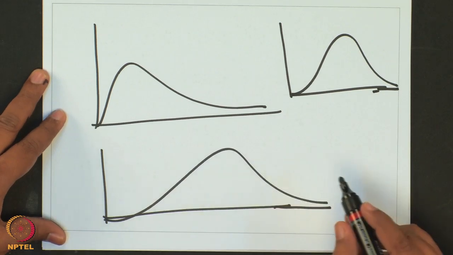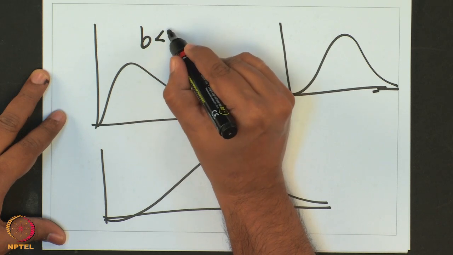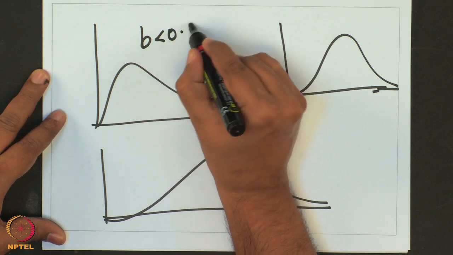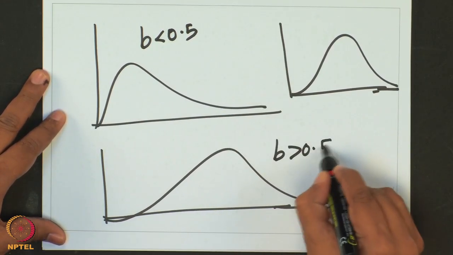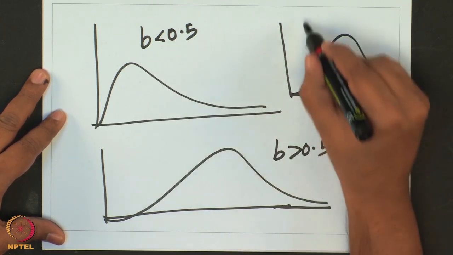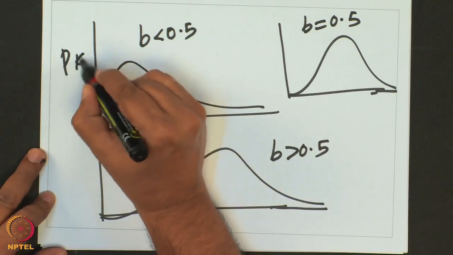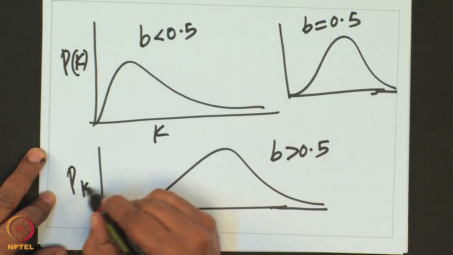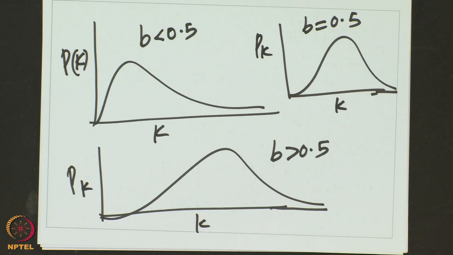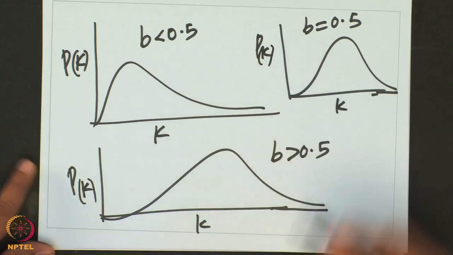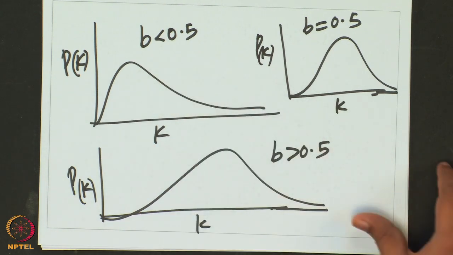Depending on the bias, if B is much smaller than 1, smaller than half, you would think of this way. If B is larger than half, you would get another answer, and if B is close to half, you would get a distribution like this. So one can get different kinds of distributions depending on the value of B that we have.